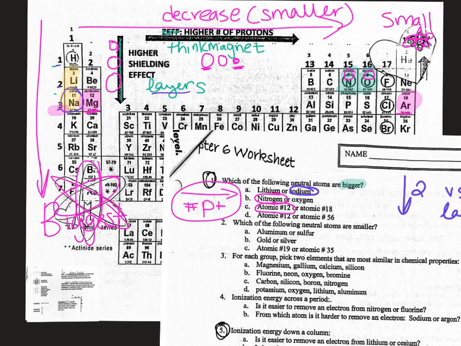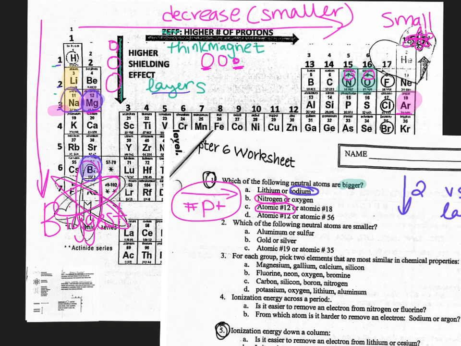Now the last one we're going to deal with is atomic number 12 or atomic number 56. So here is my 12 again. 56 is going to be right here, barium. Looking at 12 versus 56, let me highlight these in purple. There we go. So 12 versus 56 is an up-down idea.